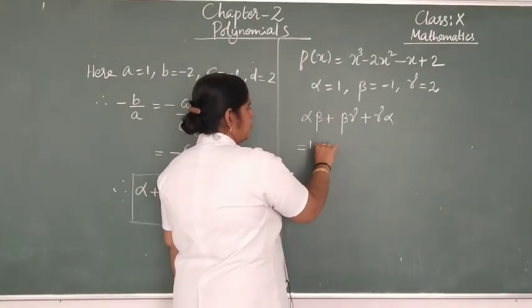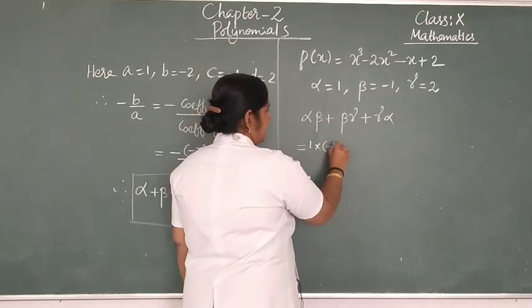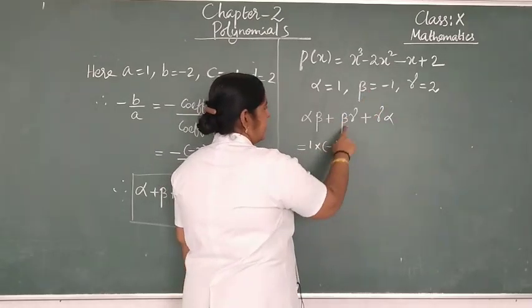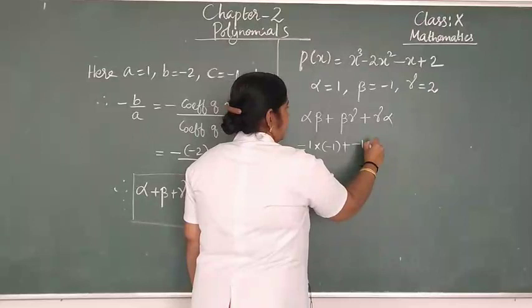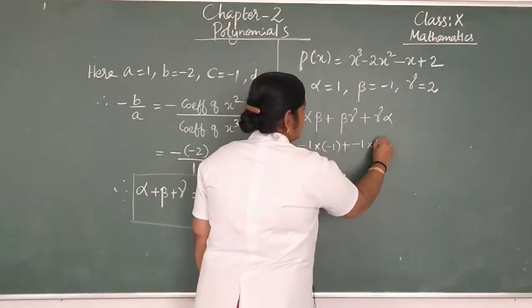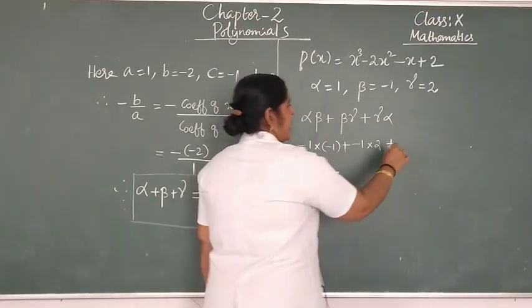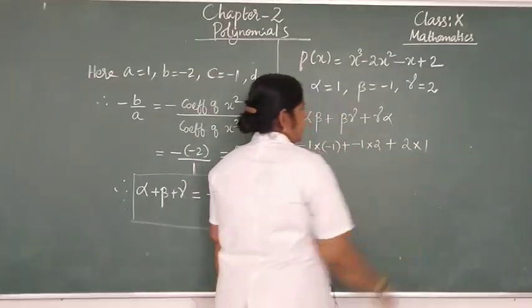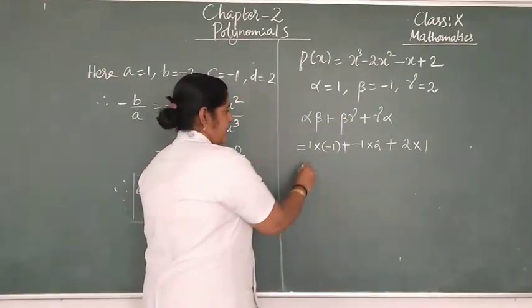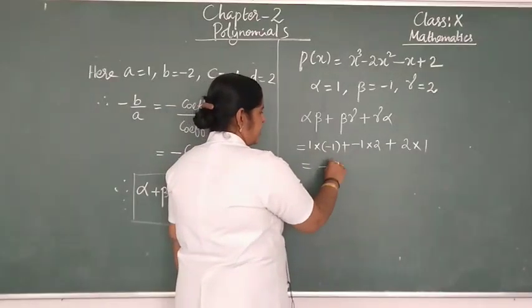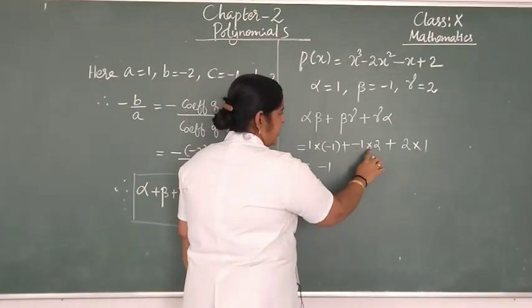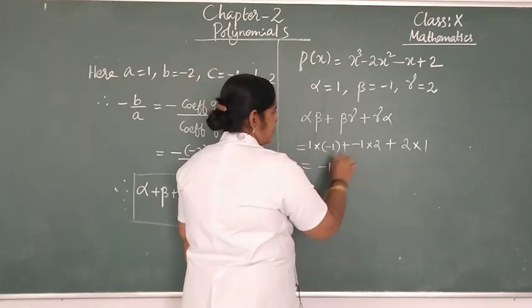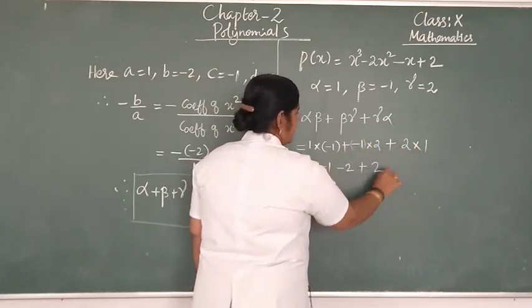So 1 into beta, that is minus 1, plus beta, minus 1, into gamma, whose value is 2, plus gamma, 2, into alpha, again it is 1. Now we can simplify. 1 into minus 1 is minus 1, here minus 1 into 2, that is minus 2, okay, plus 2 into 1, it is 2.